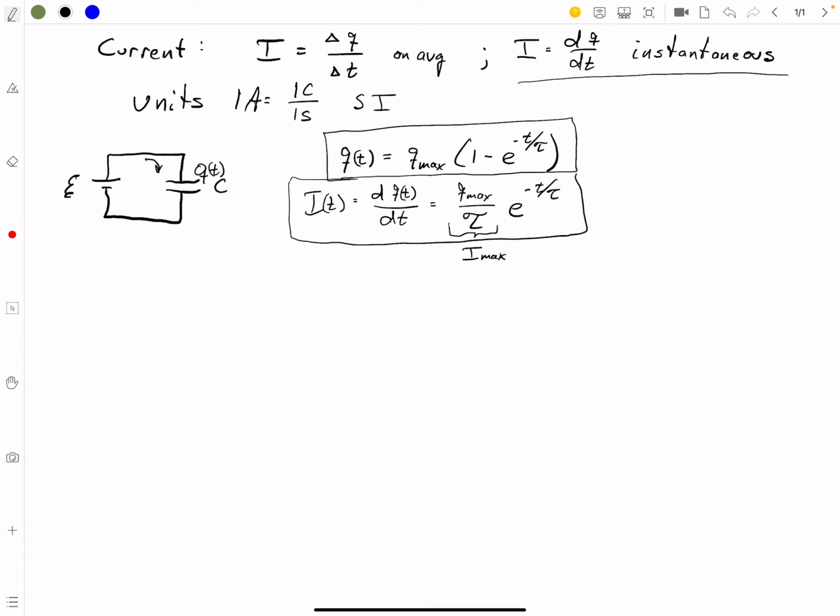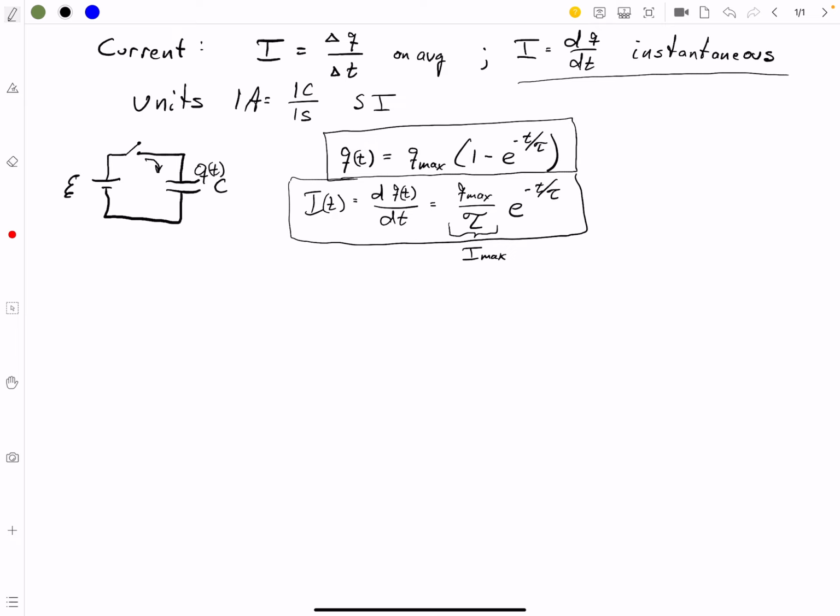So right off the gate, if we were to put a little circuit, a switch in here, and we flip the switch at t equals 0, then eventually, gradually, over time, we're really going to get 0 current flow.